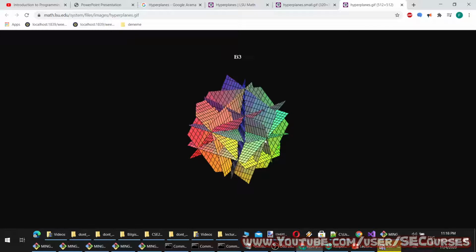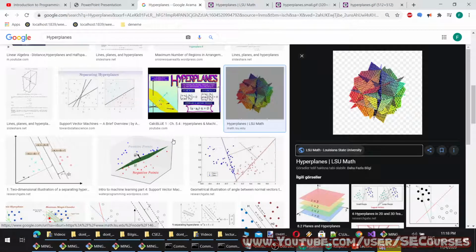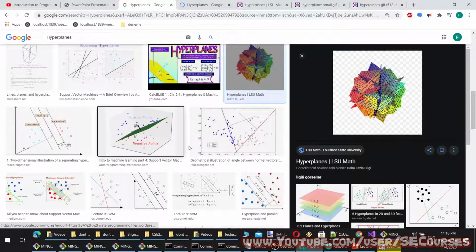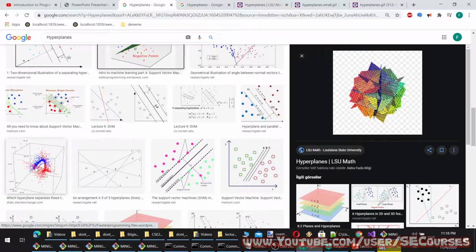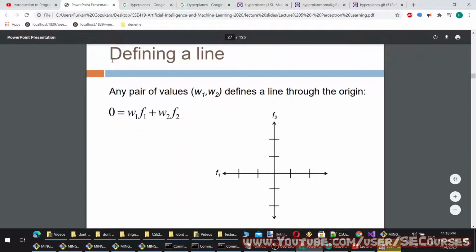So this is a hyperplane which is used for every dimension itself. It is still hard to understand, but you will understand by time. Okay, let's continue.